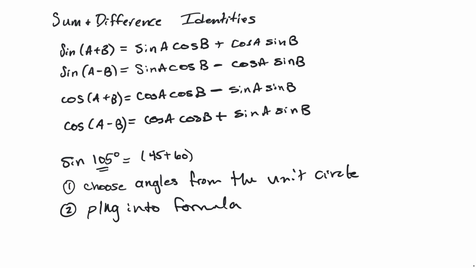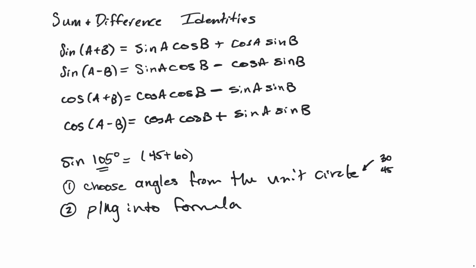Two angles from the unit circle, and if we're being really clear, when I'm referring to this, I mean a multiple of 30 or 45. So 30, 60, 90 would work, but you probably will never choose 90, 120, all of those things. If you go all the way around the unit circle, if you're using any angle from the unit circle, you're in good shape, okay?